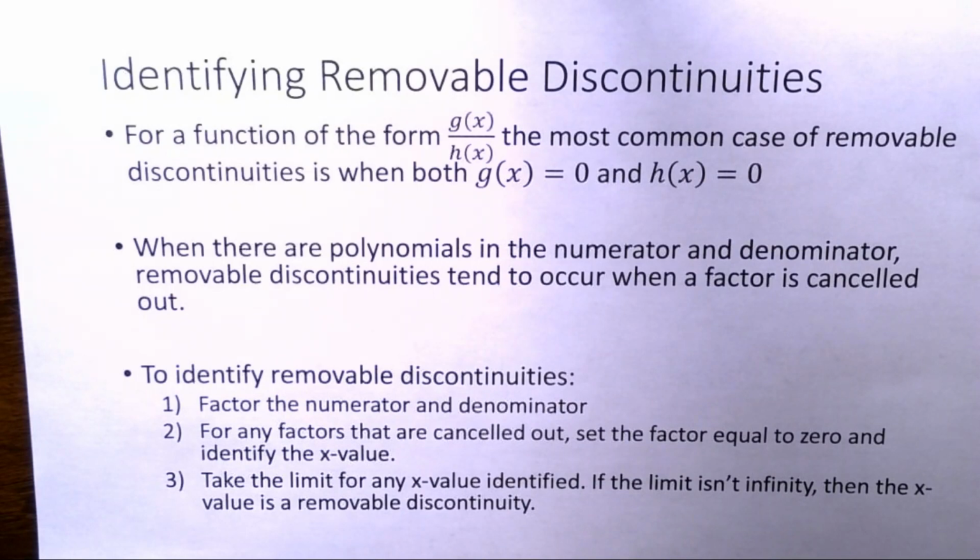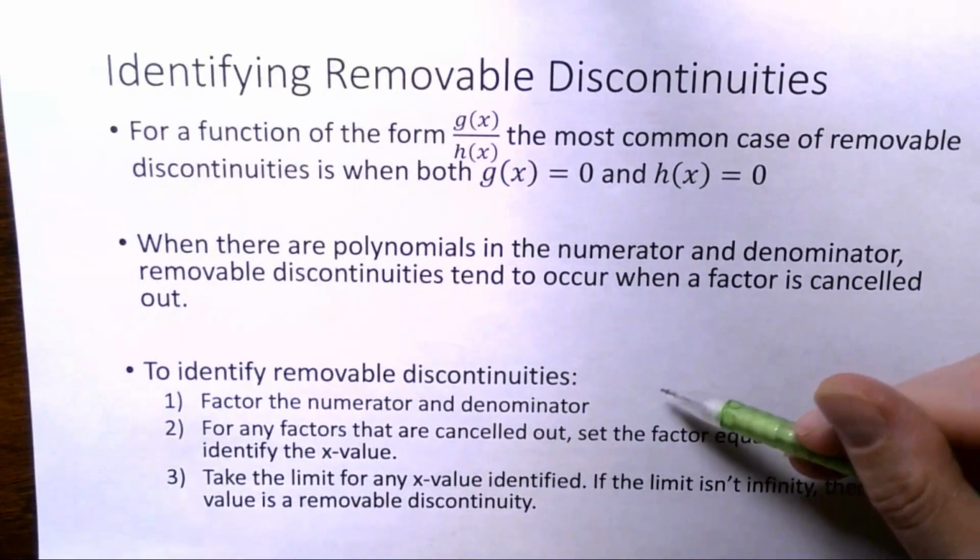We have to make sure that after we have canceled, whatever x value does not still make the denominator 0. So our check for after canceling is to take the limit at that x value and make sure it isn't infinity. So our general process for identifying removable discontinuities is to, first of all, factor the numerator and denominator.